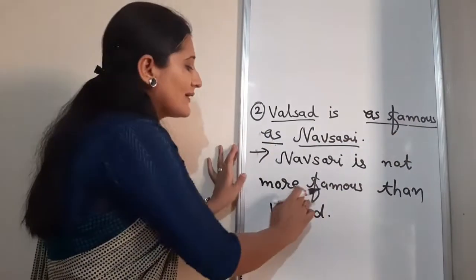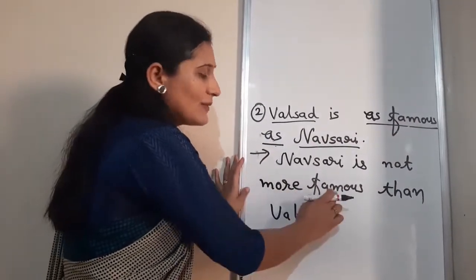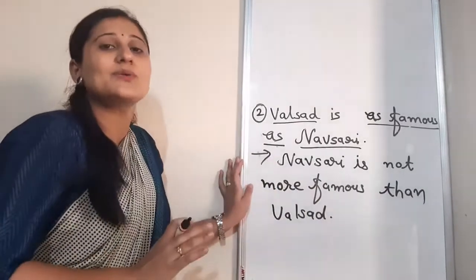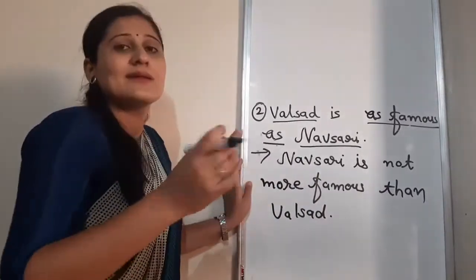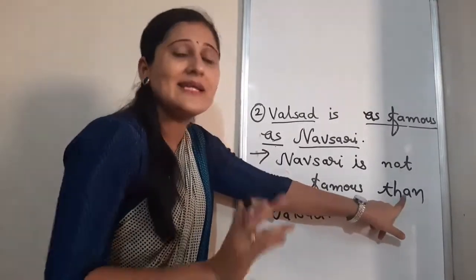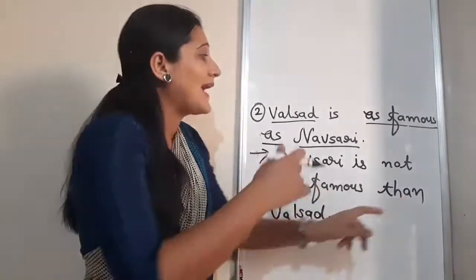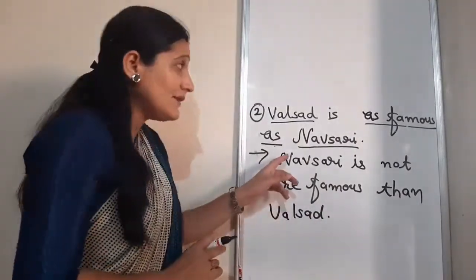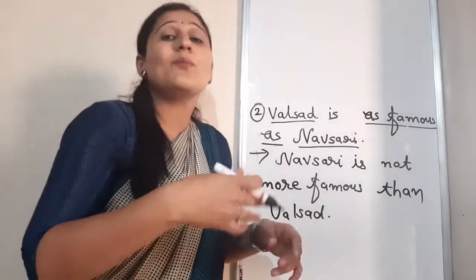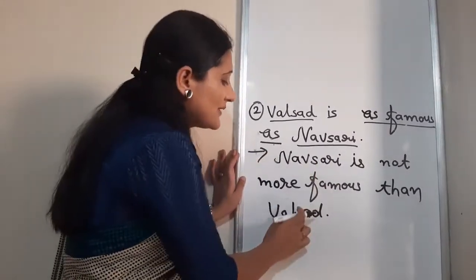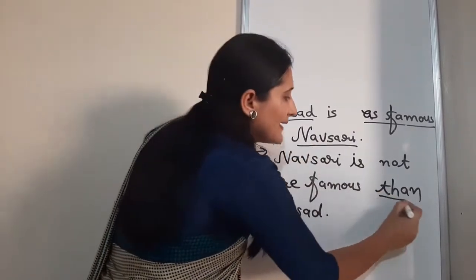Then easily you can come to know whether it is more plus adjective or adjective plus er, according to our rule. Then you need to write than if comparison is between two. After this I am going to give you one example, that is if comparison is between more than two. Keep in mind, if comparison is between two, we will write than.